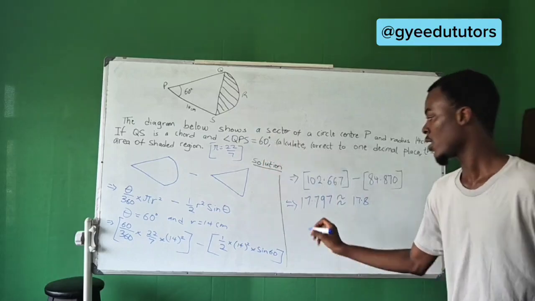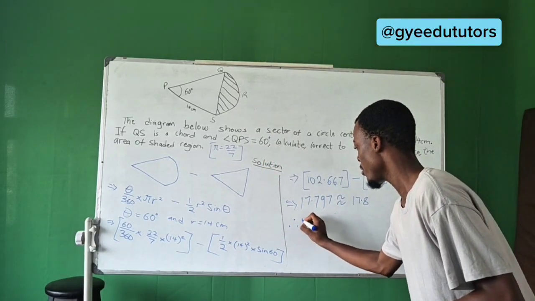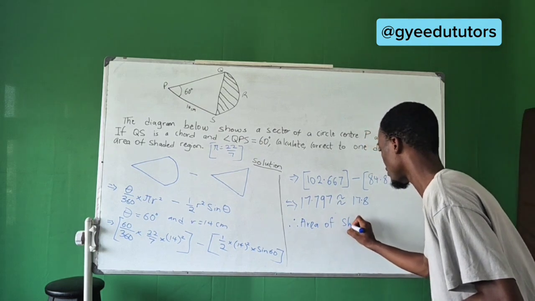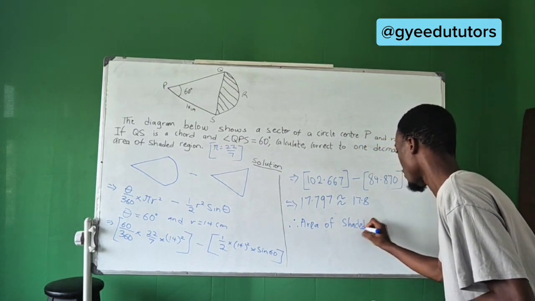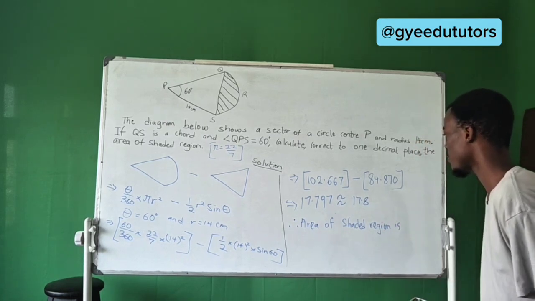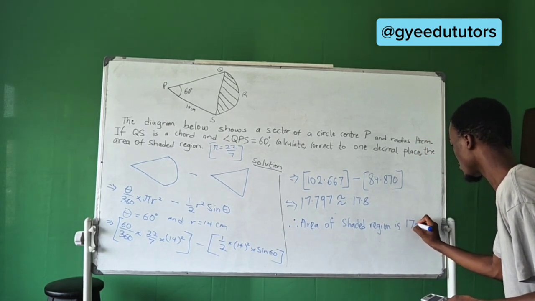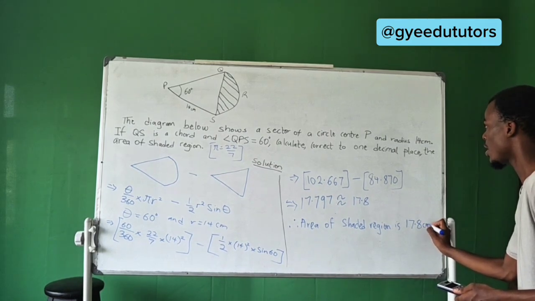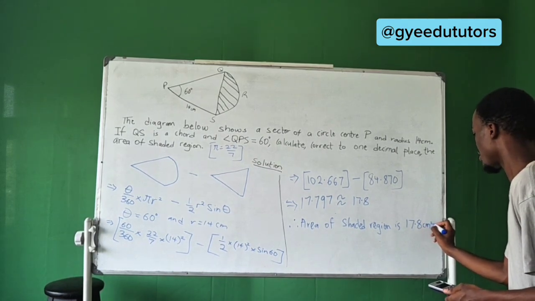So, therefore, the area of the shaded region is 17.8 centimeters squared.